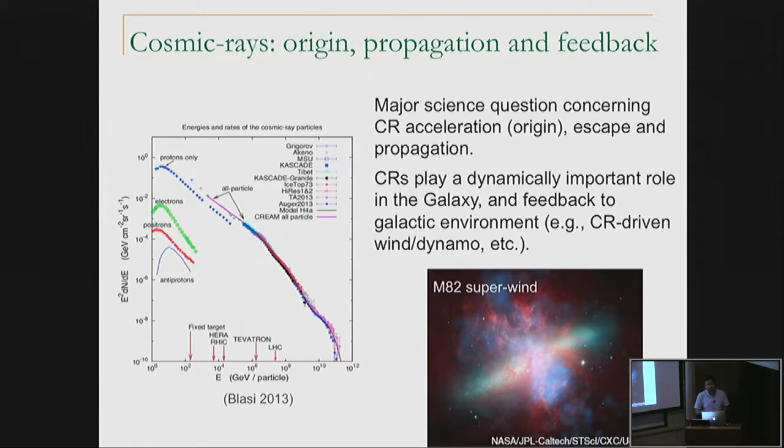Their energy densities are in rough equipartition with many other ingredients such as magnetic pressure, thermal pressure and turbulent kinetic energy. Cosmic rays may be an important contributor to driving large-scale galactic winds, such as in this MHD starburst galaxy.